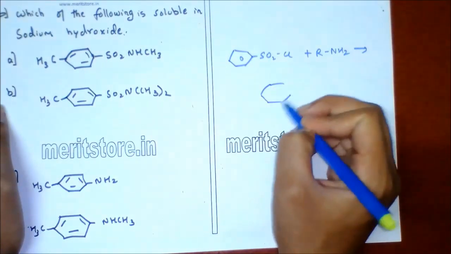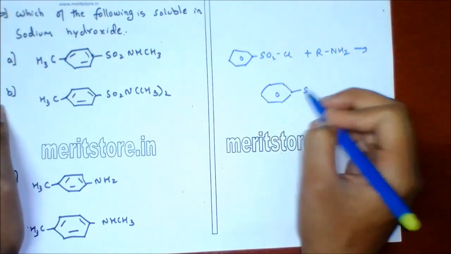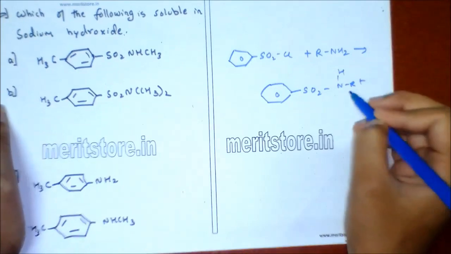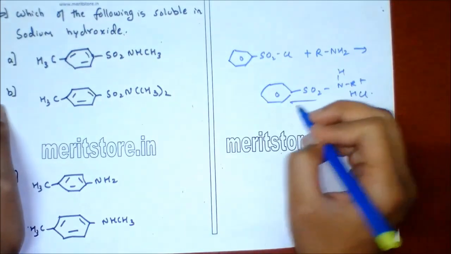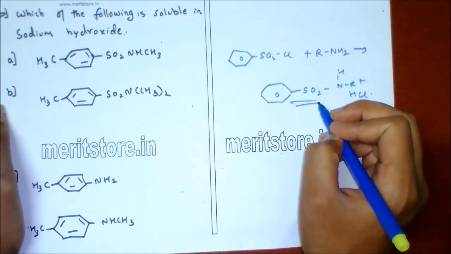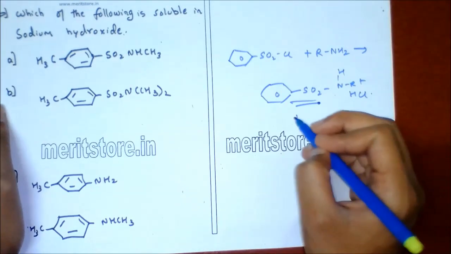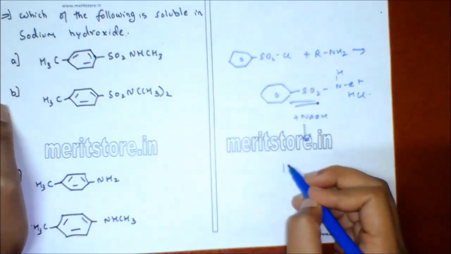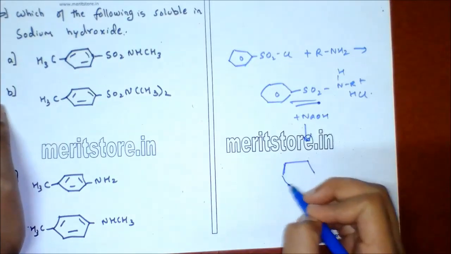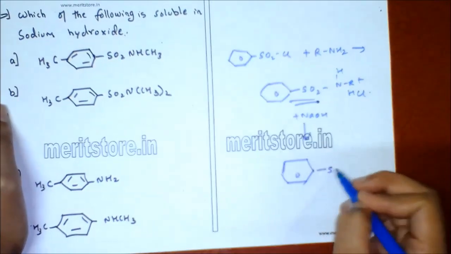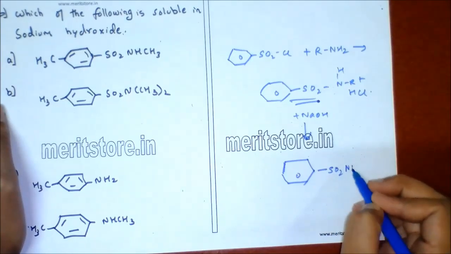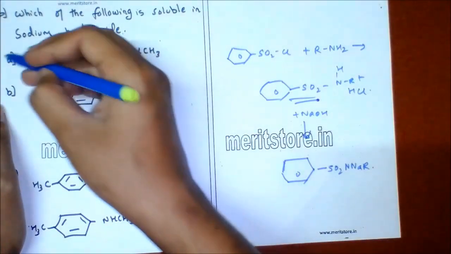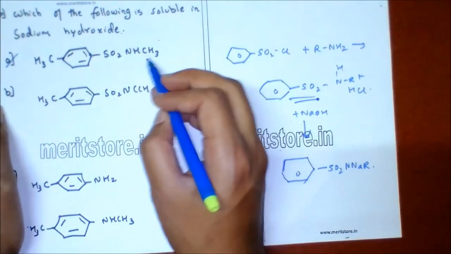N-alkyl sulfonamide has the structure of a benzene ring with SO2NHR, plus HCl. This is the precipitate, N-alkyl sulfonamide. When this reacts with base NaOH, it gives the soluble benzene SO2N-Na-R. So option A is the correct answer, where R is the alkyl group.